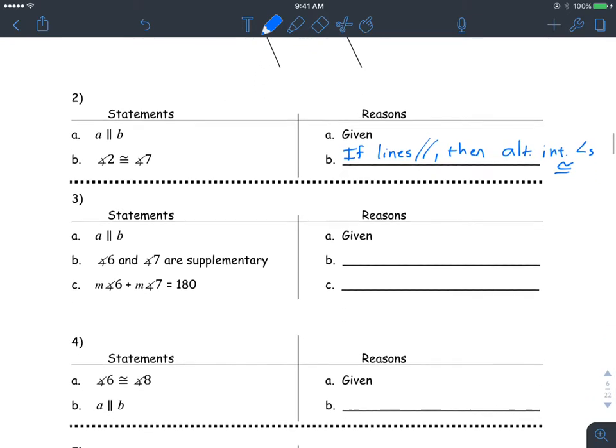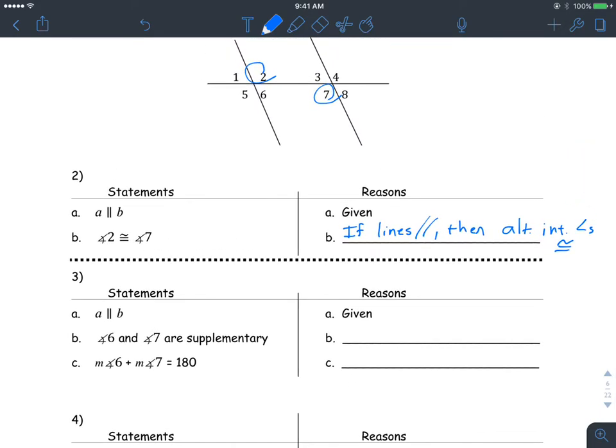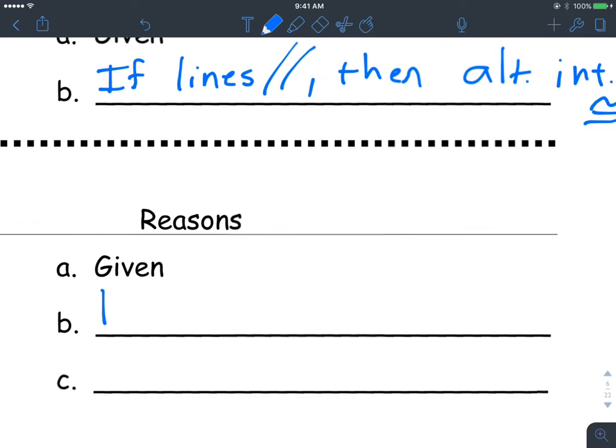And then every now and then you're going to get a couple where you have to write a little bit more. This is using the same figure. A is parallel to B. So then we're going to say angles 6 and 7 will be supplementary. That looks like your same side interior theorem. So we'll write it out, and this one's a little bit different.